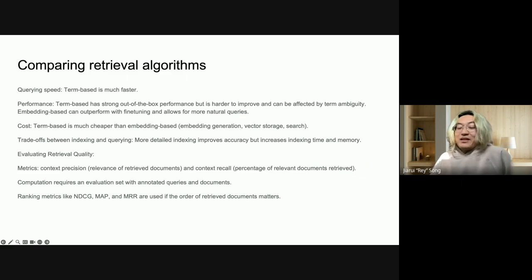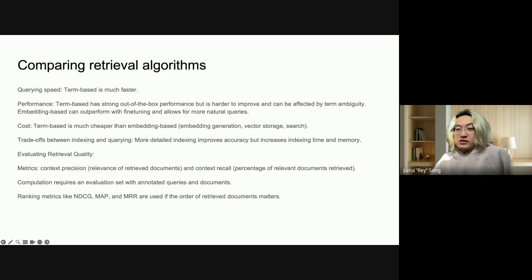Embedding-based retrieval, on the other hand, has the potential to outperform term-based methods, especially with careful fine-tuning of the embedding model and the retriever. It also allows for more natural language queries as it operates on the semantic meaning rather than just the keywords.